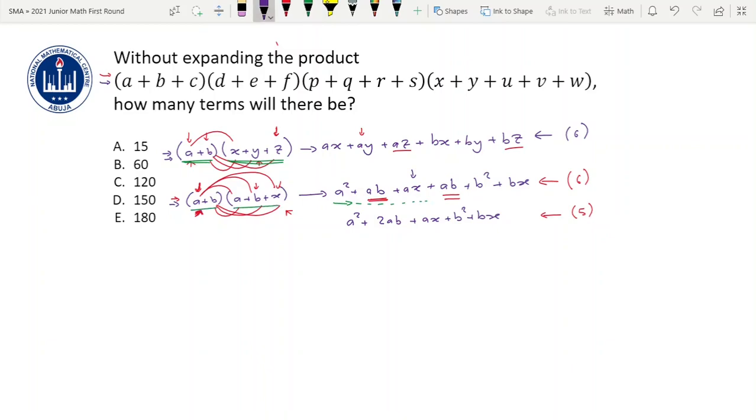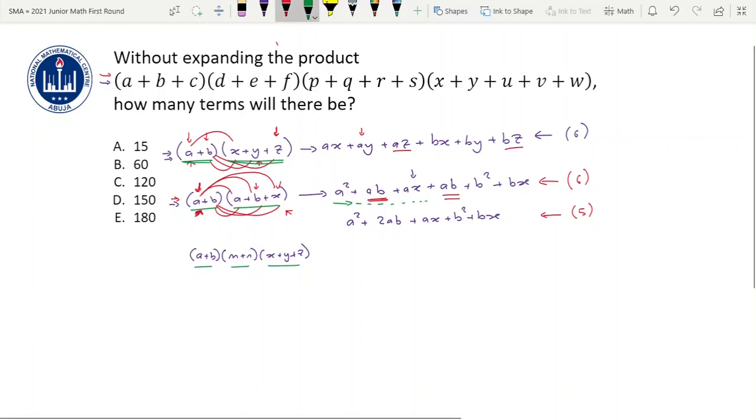And if you have more brackets, let's say you have a plus b times m plus n times x plus y plus z. If you have three brackets, for example, each term you have when you expand this will be a product of one term from the first bracket, one term from the second, and one term from the third.